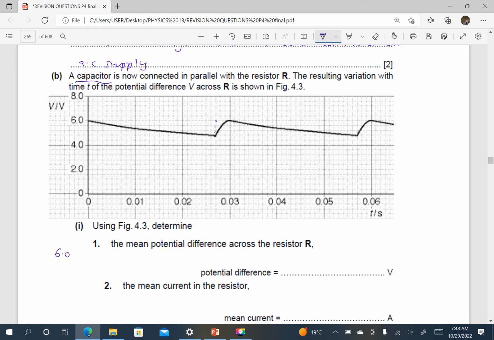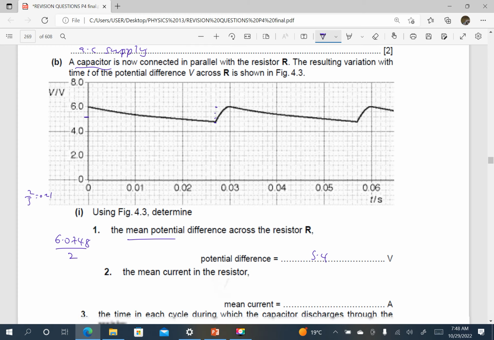The scale here is 5 small squares for 2, that is 0.4 each, so it has fallen by 1.2, so the minimum is 6 minus 1.2, which is 4.8. So we shall say 6.0 plus 4.8 divided by 2 to get the average potential difference across R, which is 5.4 volts.